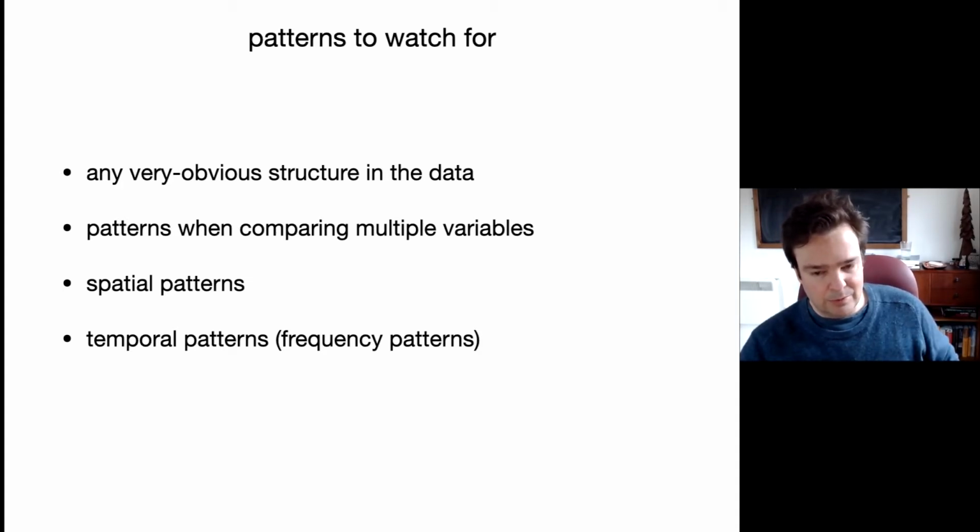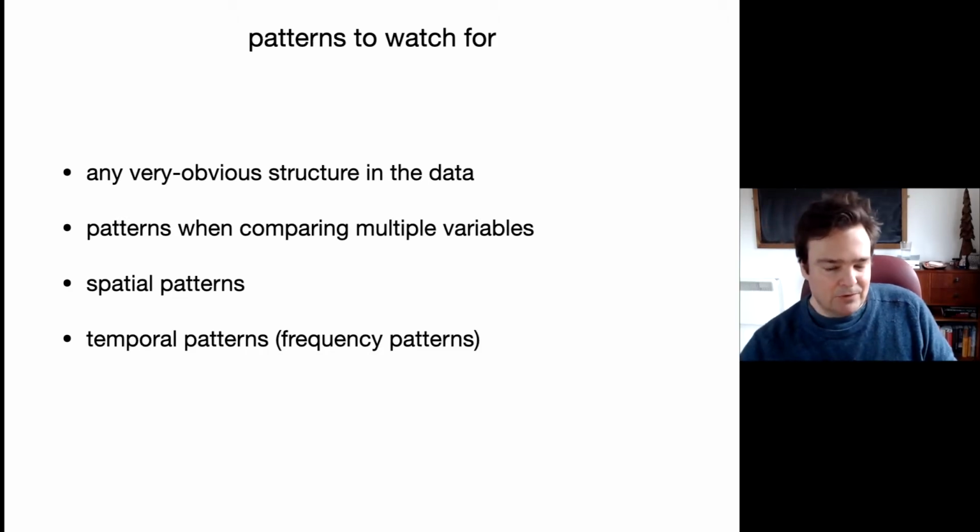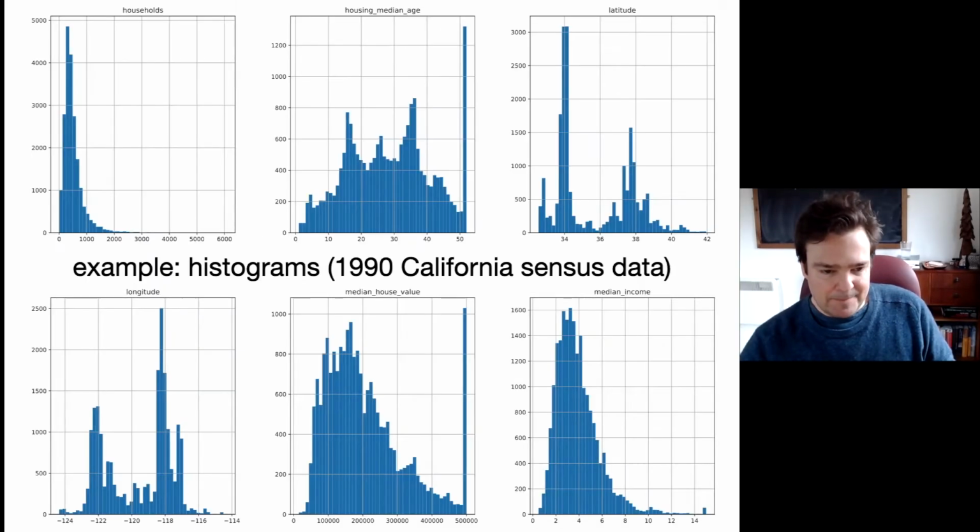I would hope that every one of you has at some point at least looked at some pictures. I don't know if you've noticed, but the COVID case data has this weird sawtooth look to it that comes from the fact that data collection over the weekends is not the same as data collection on the weekdays. So there's some kind of temporal pattern there that goes every 5 or 7 days or whatever. So you want to look for patterns like that.